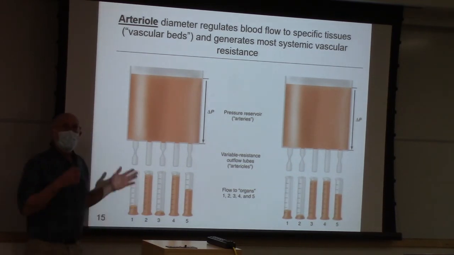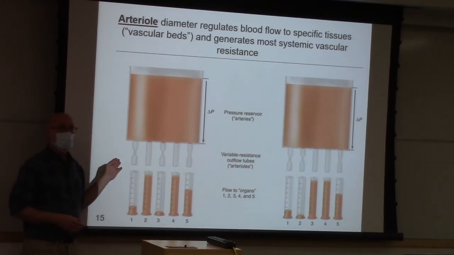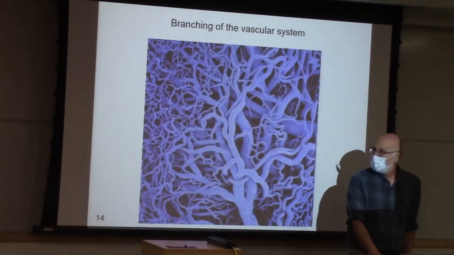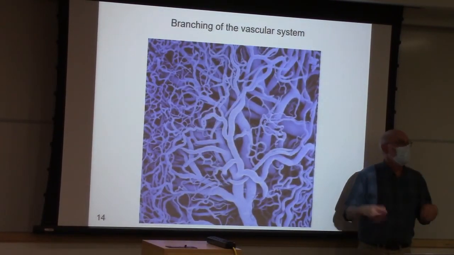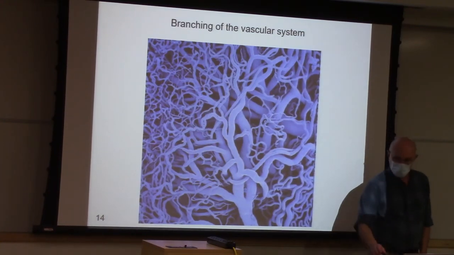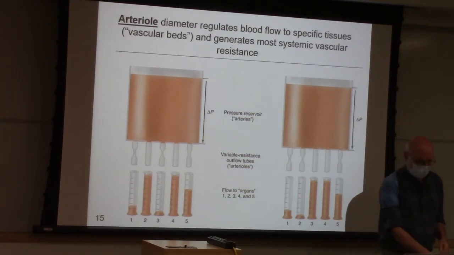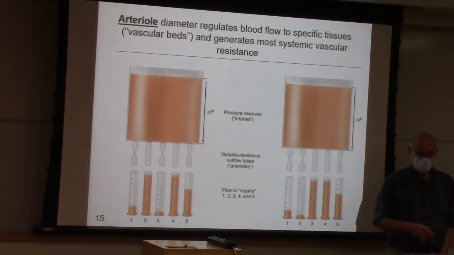We do that by specifically constricting the arteriolar smooth muscle of the vasculature that leads to that particular organ. We're going to talk more about that after the breakout session.